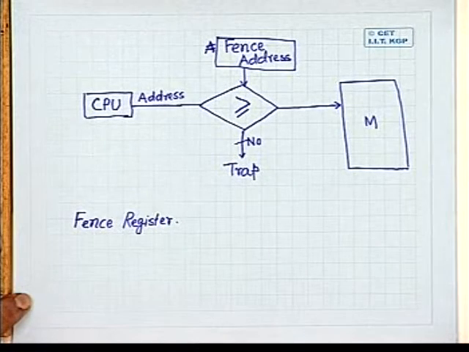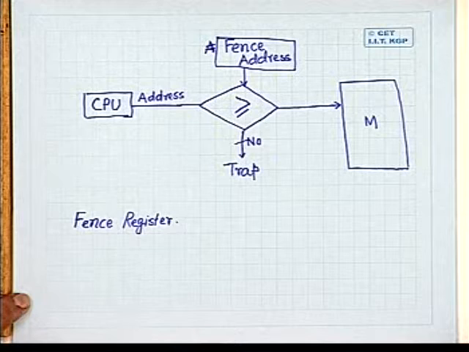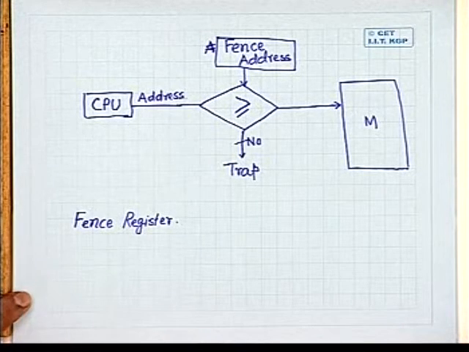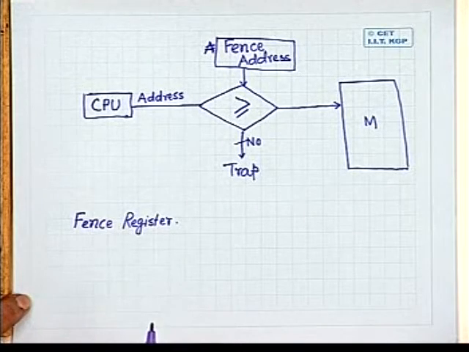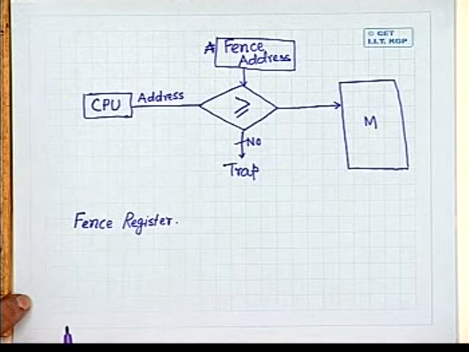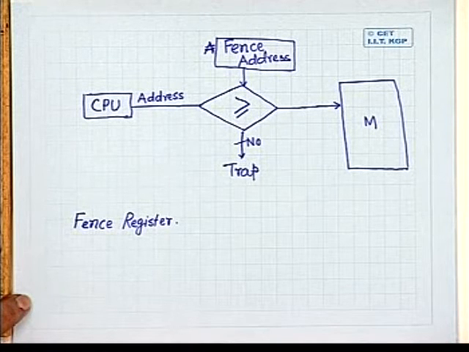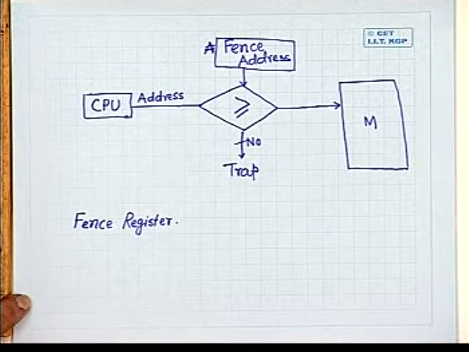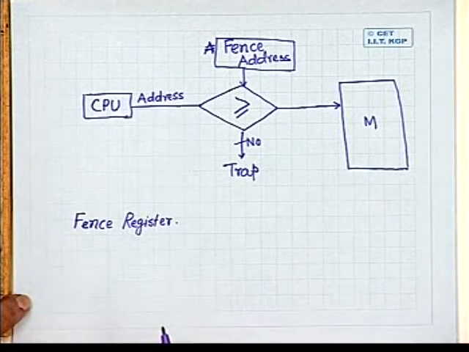Whenever you upgrade the operating system, depending upon the memory requirement of the upgraded operating system, you have to reload this fence register. This reloading cannot be given to any user, so there must be a privileged instruction which can be executed only by the system administrator to reload the fence register.